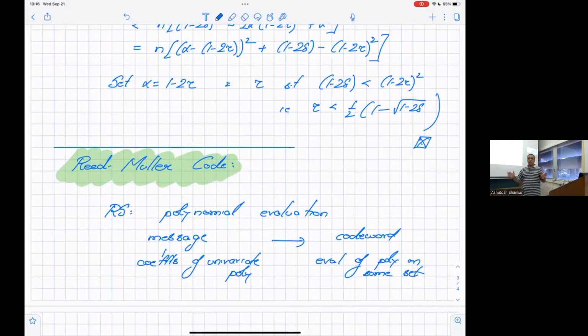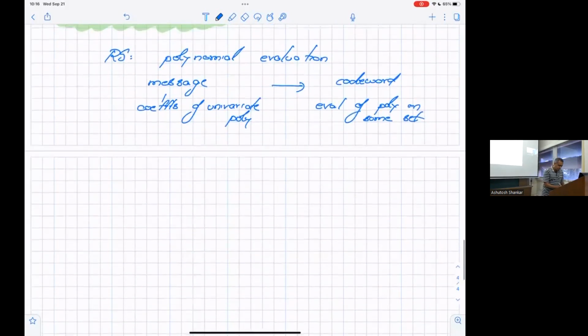And Reed-Muller is basically exactly that. The Reed-Muller code, which was actually introduced before the Reed-Solomon code, is a generalization to multivariate polynomials.